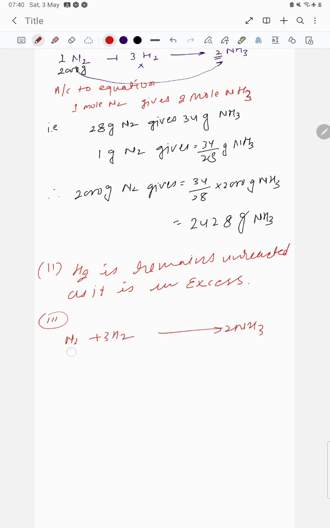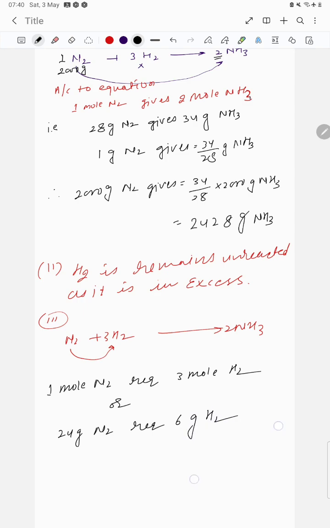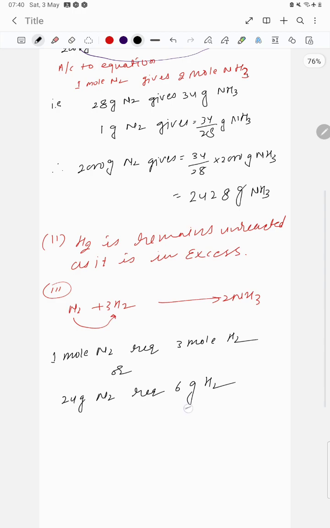Now you have to correlate this one. 1 mole N2 requires how much, student? 3 mole H2. Or you can write 28 gram N2 requires how much, student? 6 gram H2, 2 multiplied by 3.